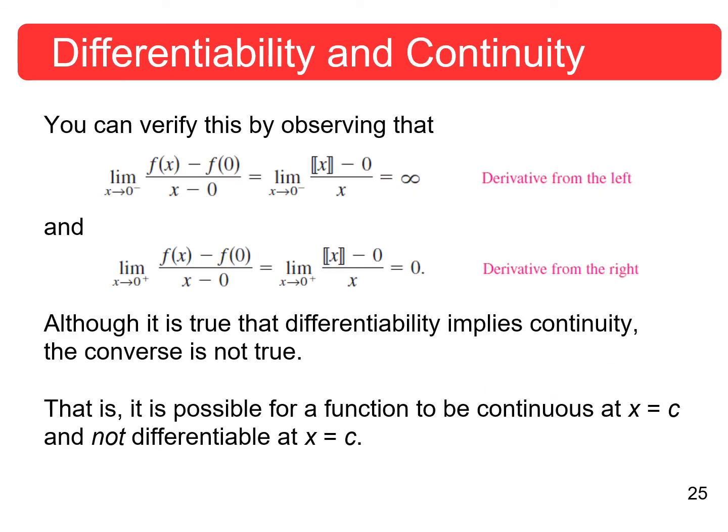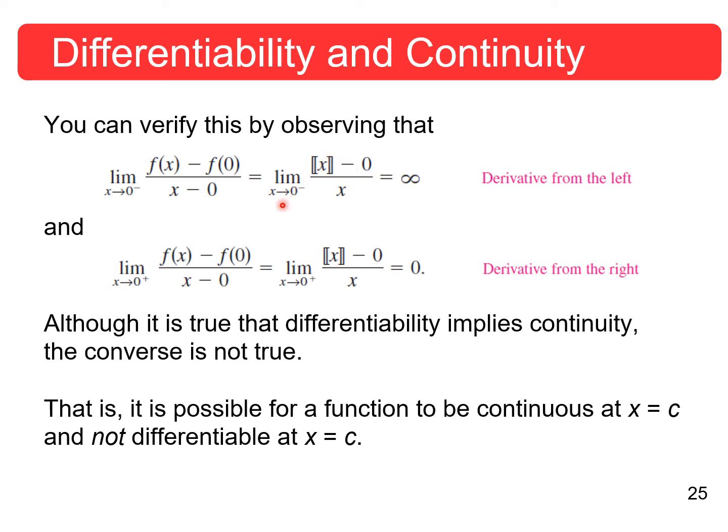So we can verify that result by computing the derivative from the left and from the right using the alternative definition. So if you evaluate this expression here and take the limit as x approaches 0 from the left, you get the derivative from the left. Now our f of x is just the greatest integer function. This is the notation for the greatest integer function. And then f evaluated at 0 is just 0. Now we take the limit.